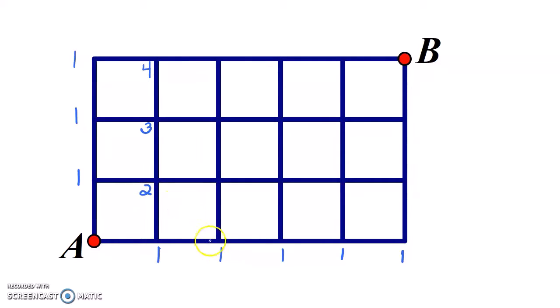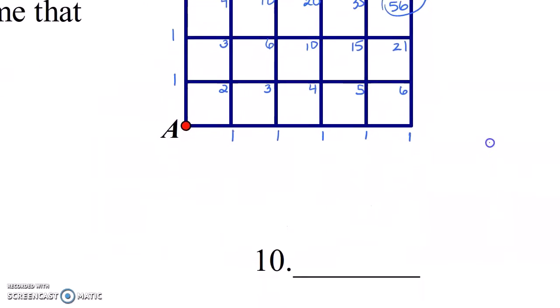So we can figure out how many paths by taking the sum of the two adjacent numbers. So the bug would have 56 different paths it could take to travel from point A to point B.